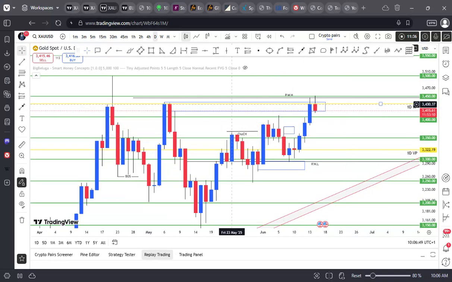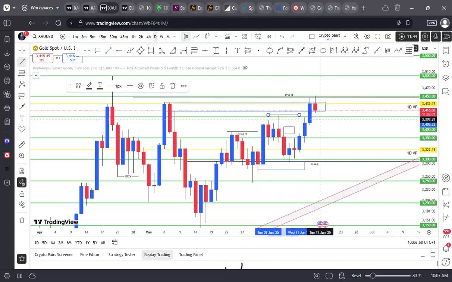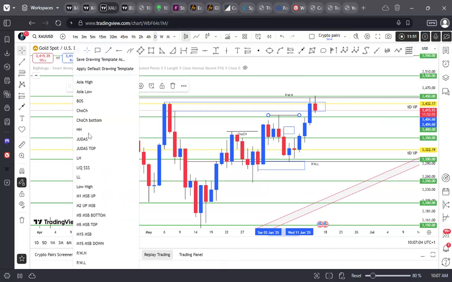Then we have a market structure break on the daily time frame as well. Okay, so that's the market structure break on the daily time frame. That should be MSB.